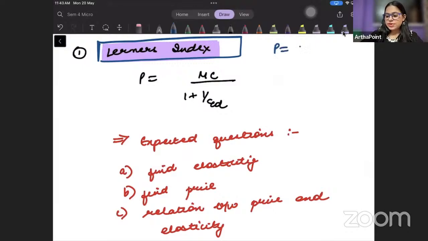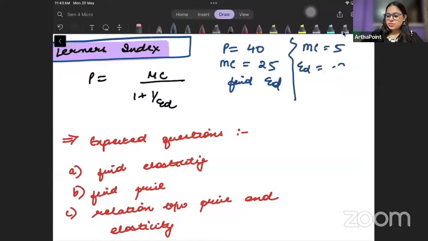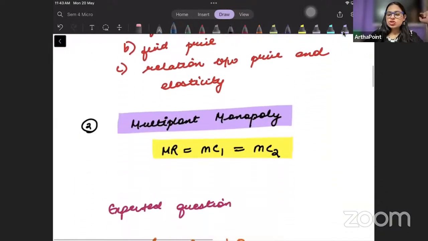So they will give you that price is 40, marginal cost is 25, find elasticity of demand. ठीक है? Or they can reverse the question. They can tell you कि marginal cost is 5, elasticity of demand is -2, find price. ठीक है? Or they can ask you a relationship between price and elasticity.